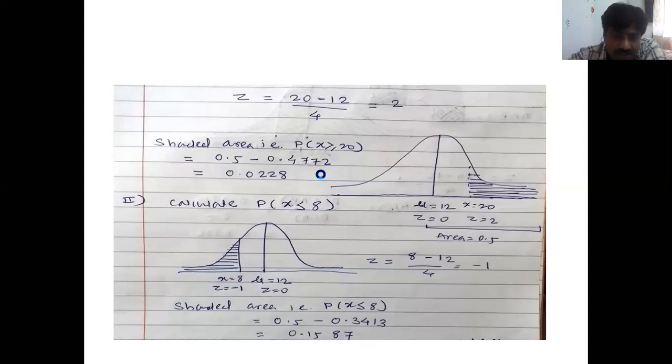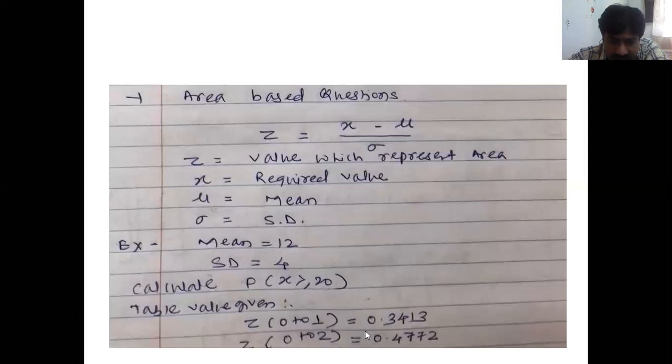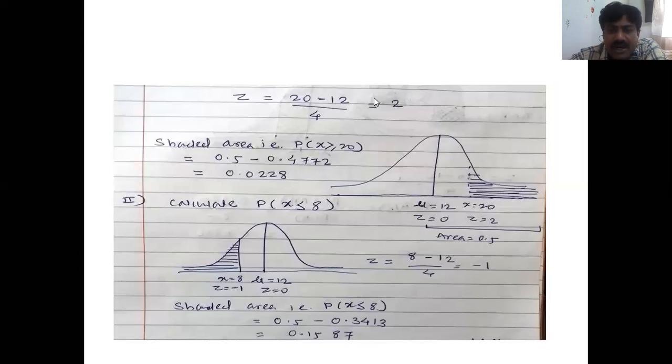This 0.4772 is given to us: when z is between 0 and 2, it is 0.4772, and our z value is 2, right? So we considered this 0.4772, and the shaded area results as 0.0228. So this is the first example to find the area under the normal distribution.